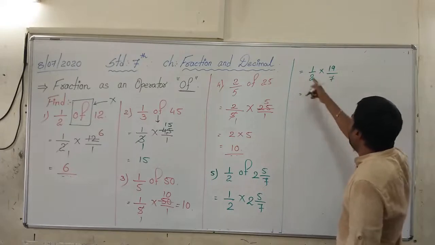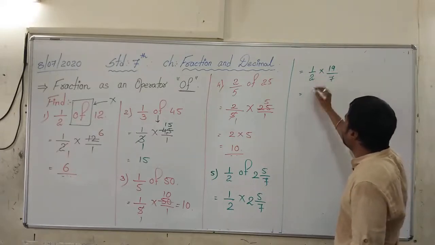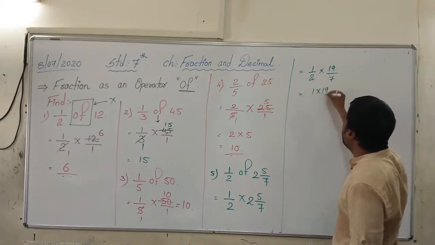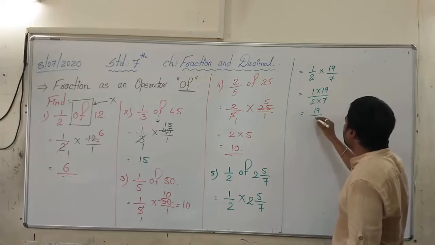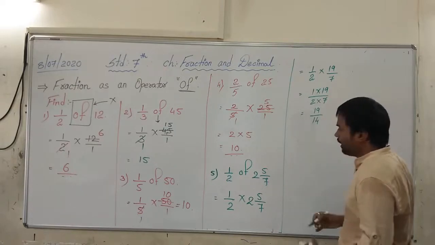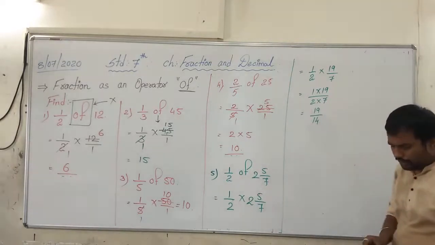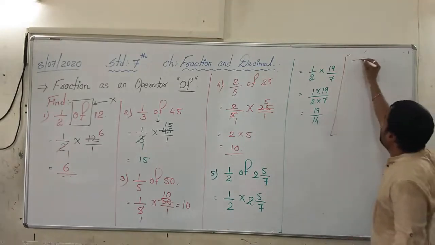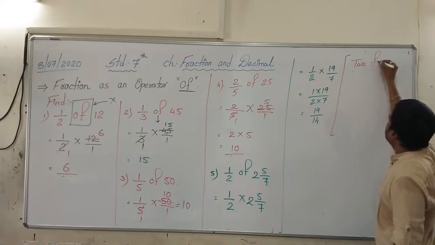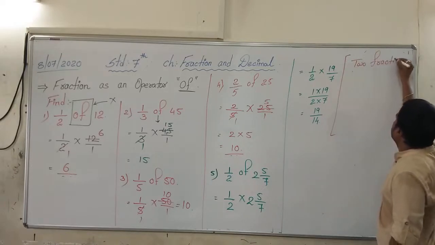So that is it. Is there any cancellation possible? No. So that will multiply 1 multiplied by 19, 2 multiplied by 7. So 19 ones are 19 and 2 sevens are 14. Now what we have done over here? Now if there are two fractions, right?